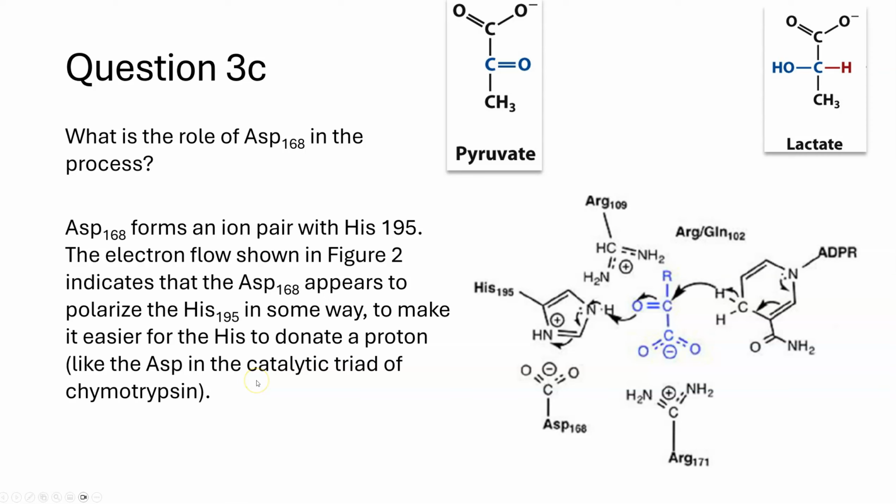So it's like the aspartate in the catalytic triad of chymotrypsin. So we've got an ion pair, we can stabilize interactions between neighbors, because histidine and aspartate, this is 195, 168, they're far apart in sequence, but they're close together when you fold them up. But there has to be some way to get this thing going, and the Asp 168 does that.